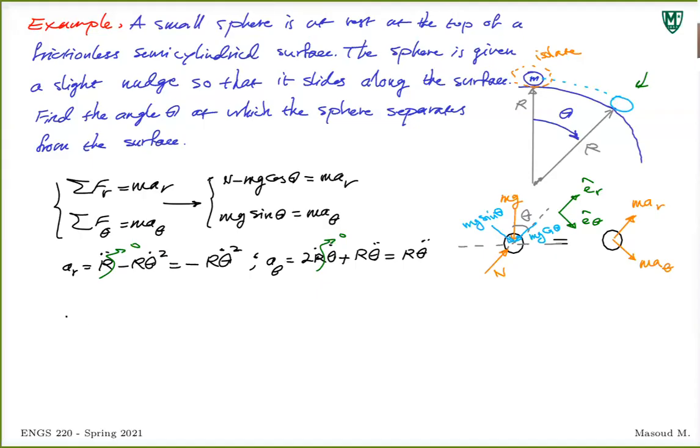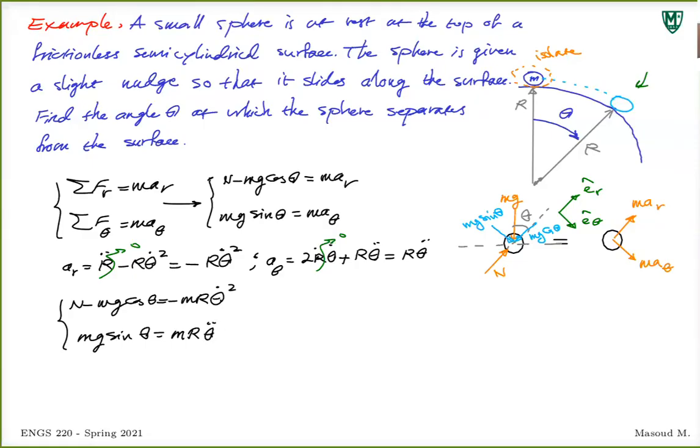So put everything together: N minus mg cosine theta is equal to minus m r theta dot squared, if I'm doing it correctly. Let me know if you see a mistake. mg sine theta is equal to m a_theta, so it becomes m r theta double dot.